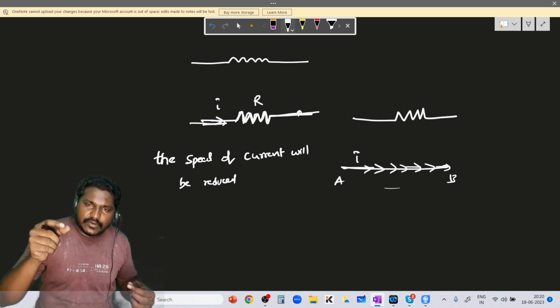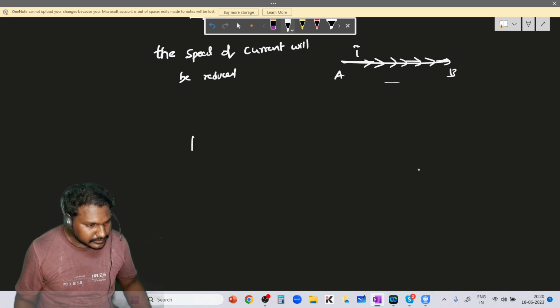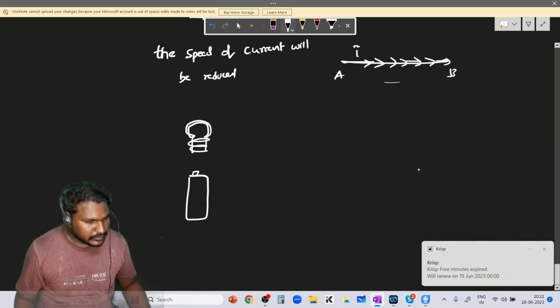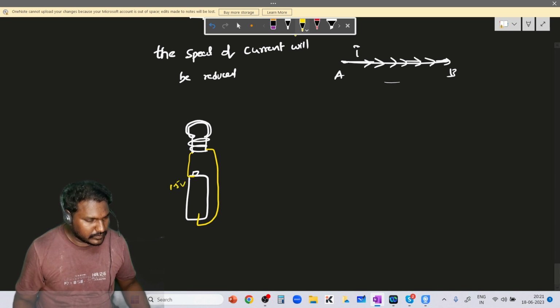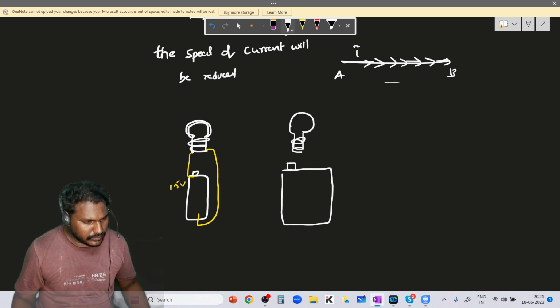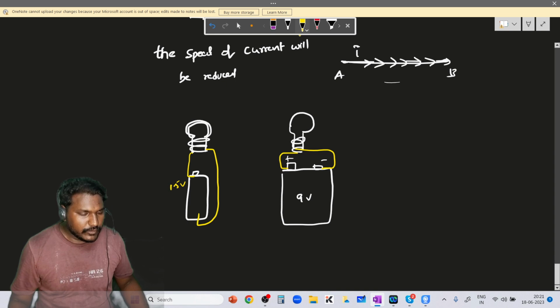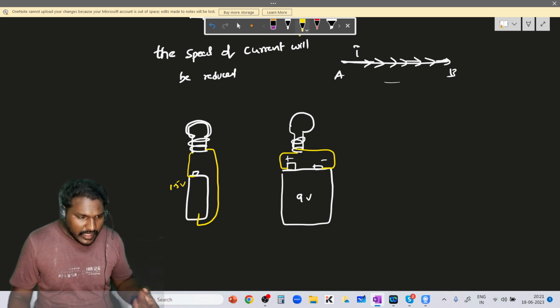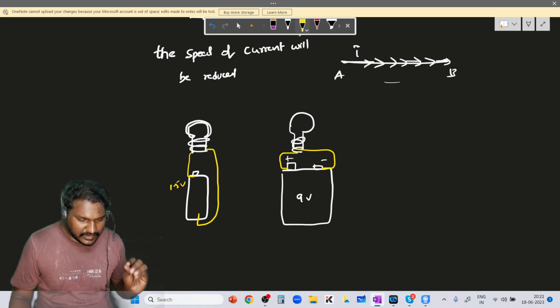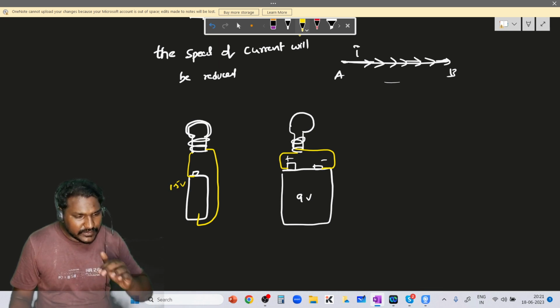Now if we connect that LED bulb, let me draw the diagram here. In the first case the bulb will glow, and it will glow continuously because there is a limit on the power supply.